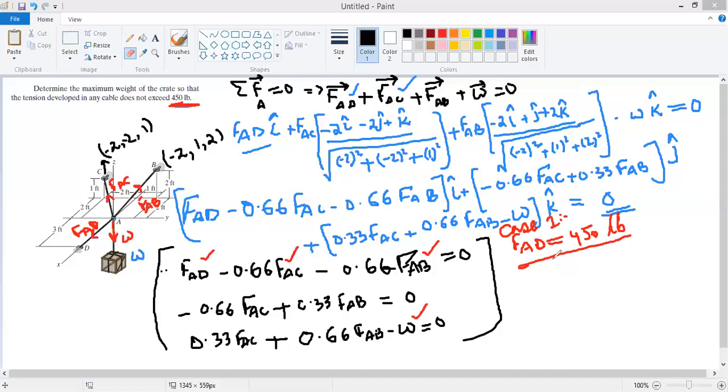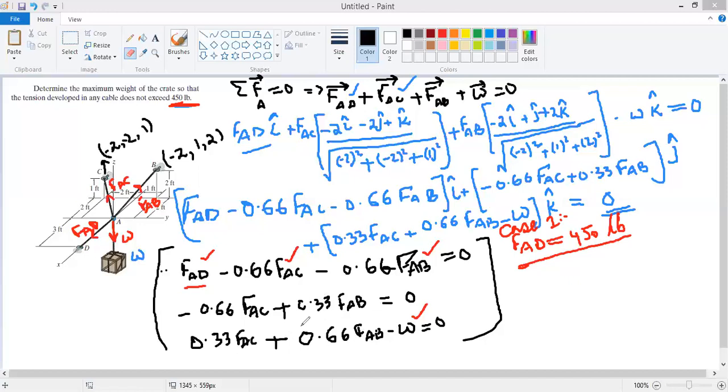If FAD is equal to 450 pounds, substitute the value of FAD in this equation, then we have FAC and FAB. From these two equations, we will obtain the value of FAC and FAB.